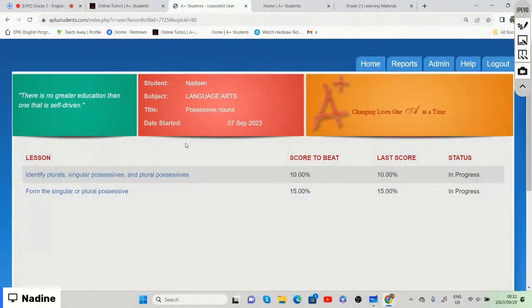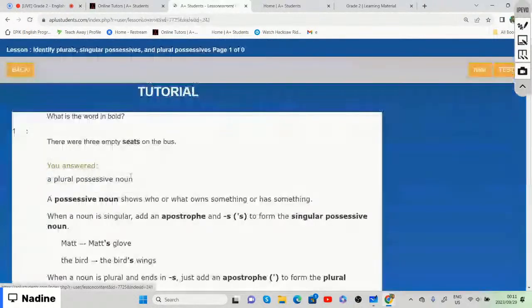And so we're going to open identify plurals, singular possessives, and plural possessives.